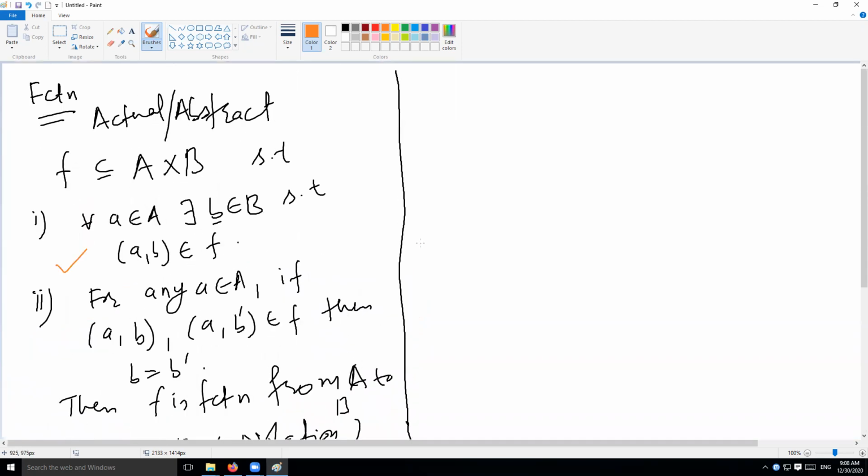And then we also defined what you call a one-to-one function, or one-one, or injective function. Okay. And we reached this definition after an analysis.